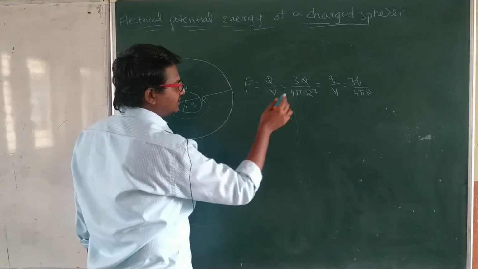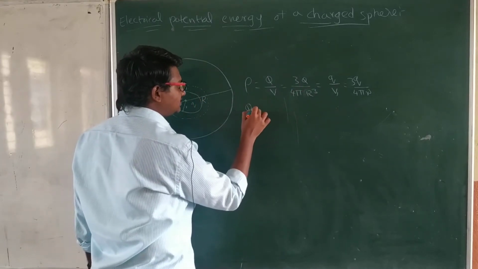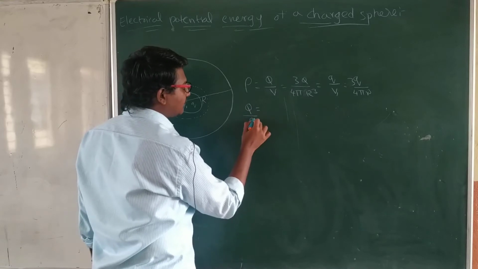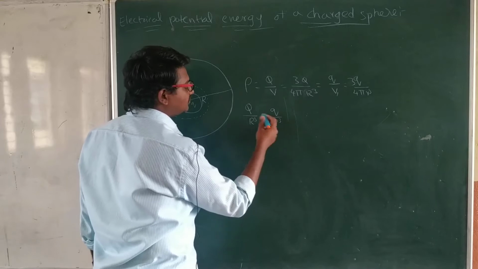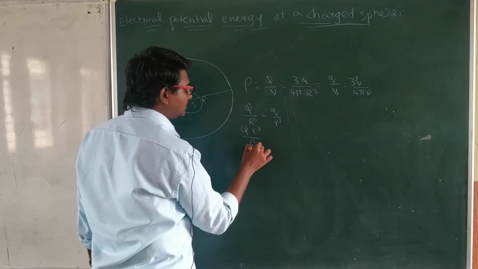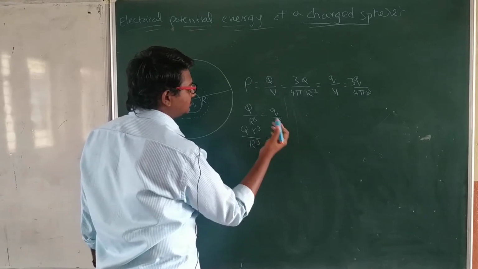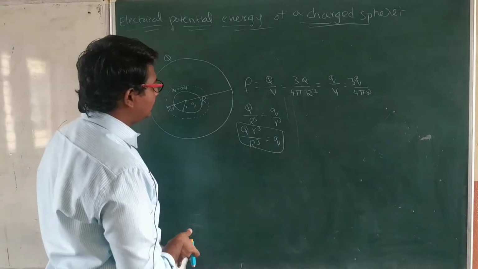Now the relation between capital Q and small q will be: capital Q by capital R cube is equals to small q by small r cube. Small q is equals to capital Q into small r cube by capital R cube. This is the one particular relation.